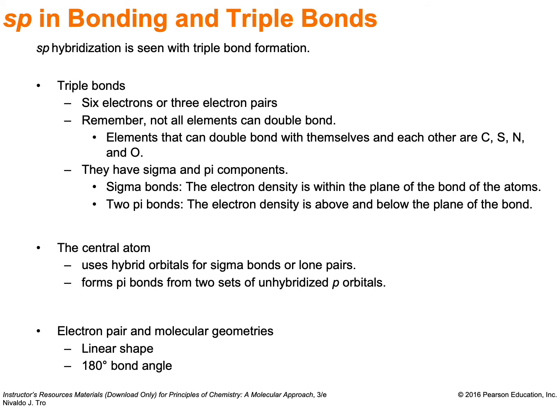So you use hybrid orbitals for the sigma bonds, and you form pi bonds using 2 sets of unhybridized p orbitals. In the previous slide we saw where we used 1 unhybridized p orbital from the central atom to form that double bond. Now we're going to form 2 additional pi bonds that will be above and below the plane of the sigma bond.